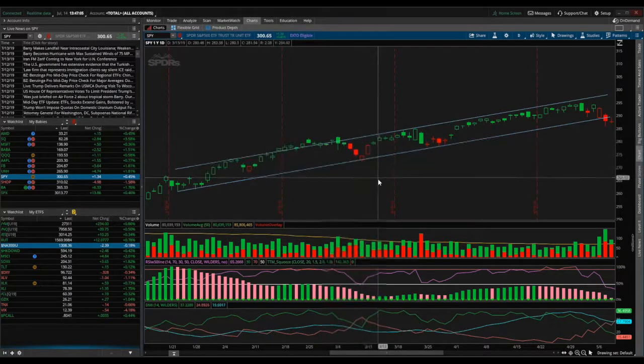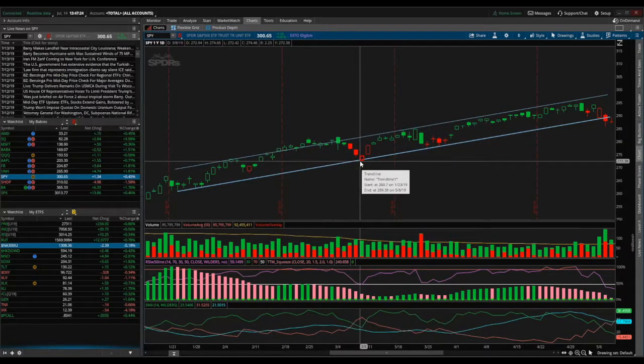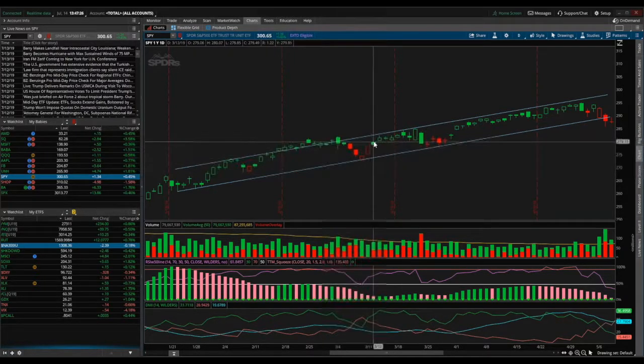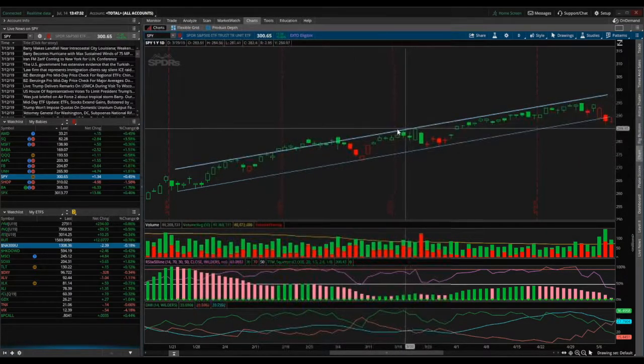But if that wasn't obvious enough to you, once this had been established, we definitely know resistance is in this area. So either you had gotten in because you identified this channel here, or if you hadn't until later, maybe this day, you would already have an indication that you were going to run into some trouble up here.